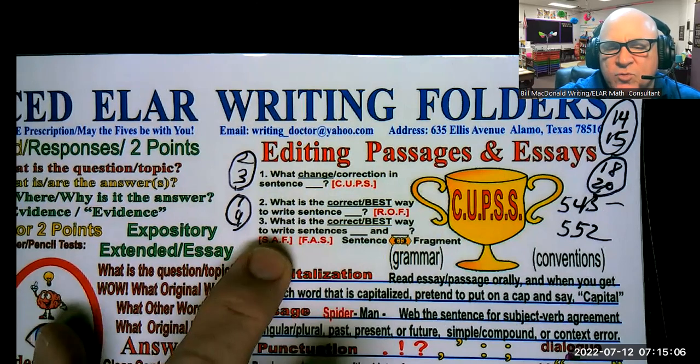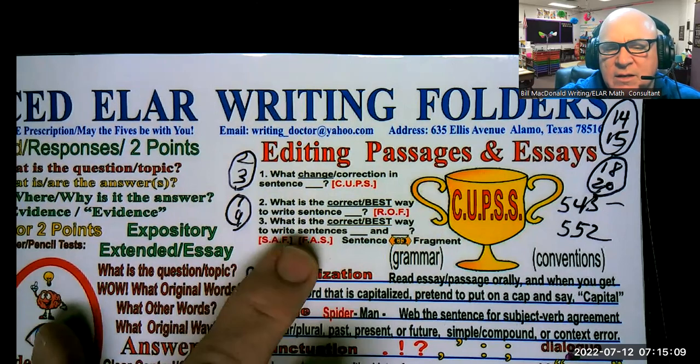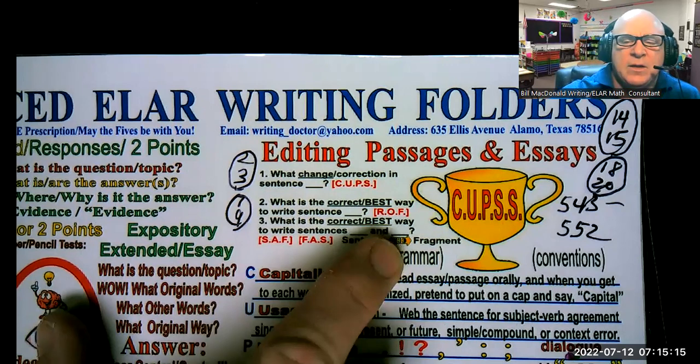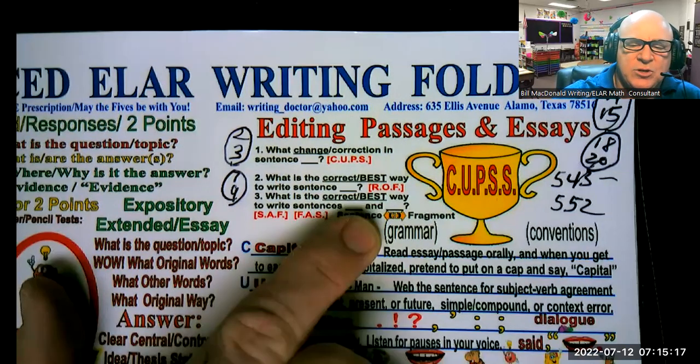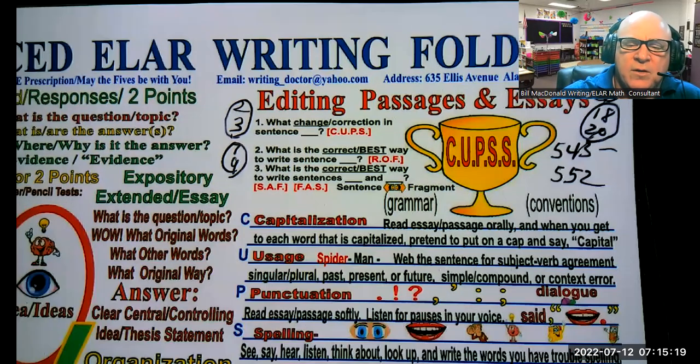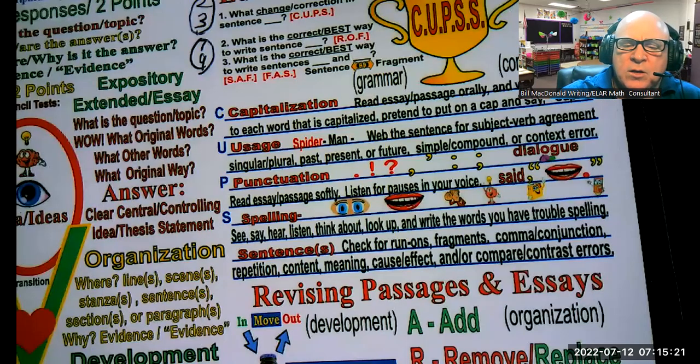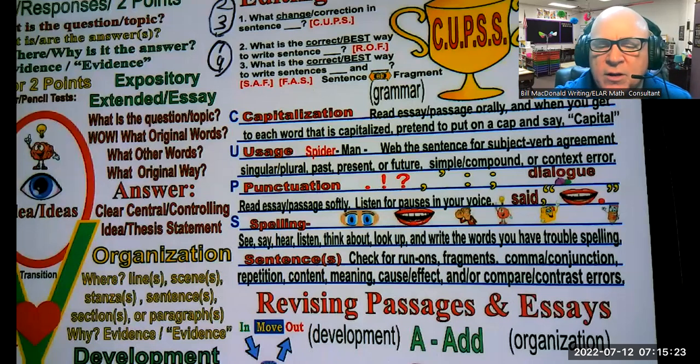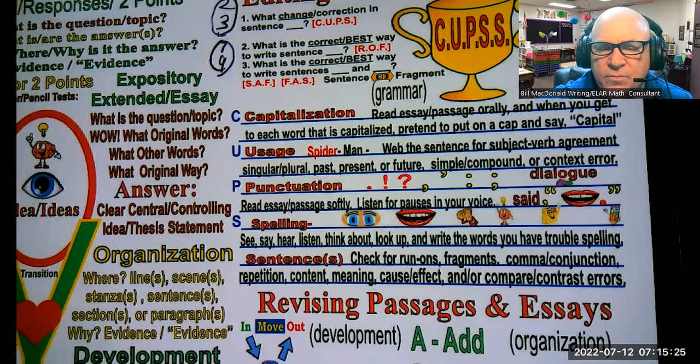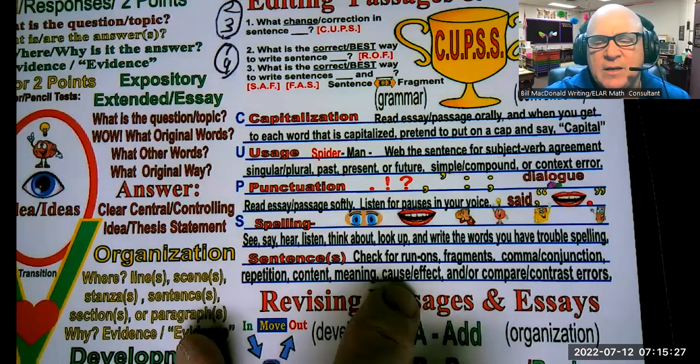If the first one is the fragment and the second one is the sentence, that's why the yellow arrow is there, you can flip it and decide either way. And you'll use the process of elimination underneath. Check for run-on and fragment issues, and that's almost always the case.